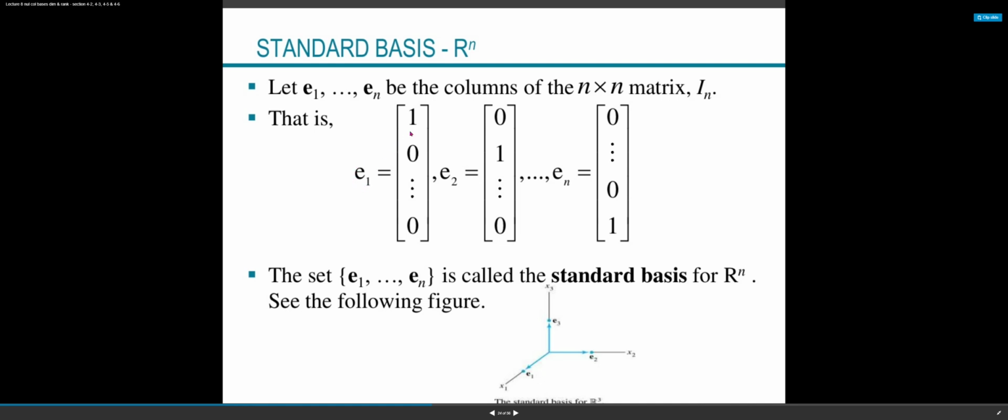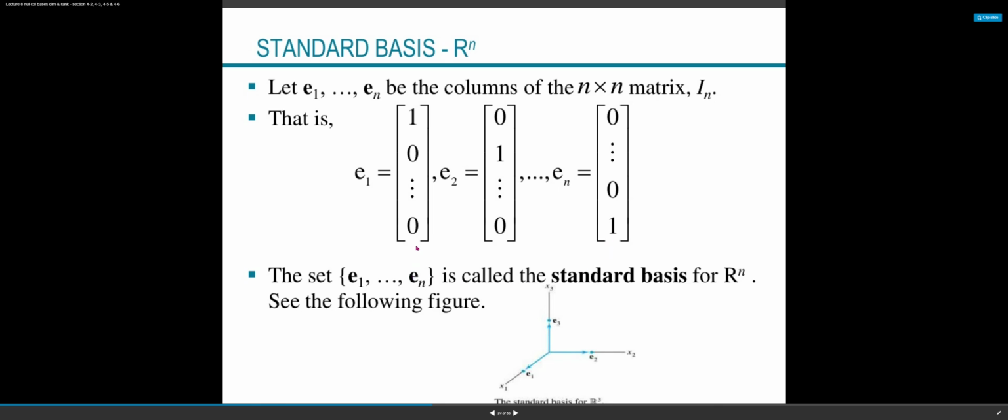So E1 has 1 in the first position, E2 has 1 in the second position. And remember, you have n entries in your column vector. So if you keep going like this, you come down to having 1 in the nth position.